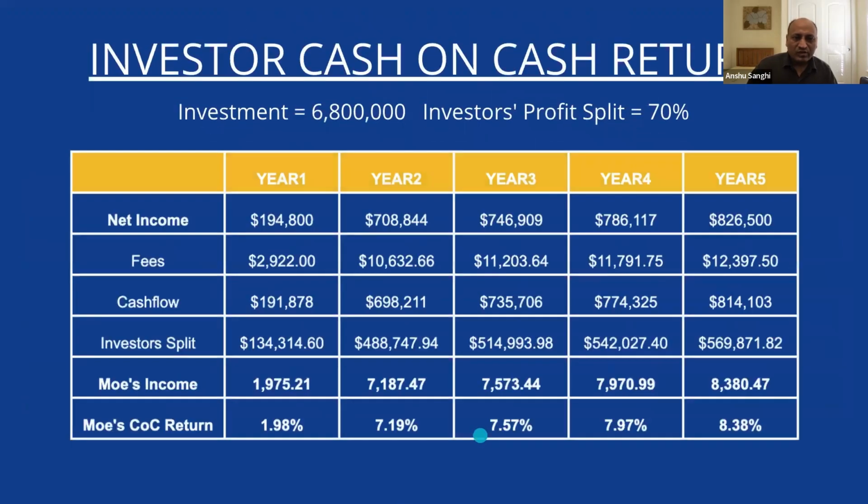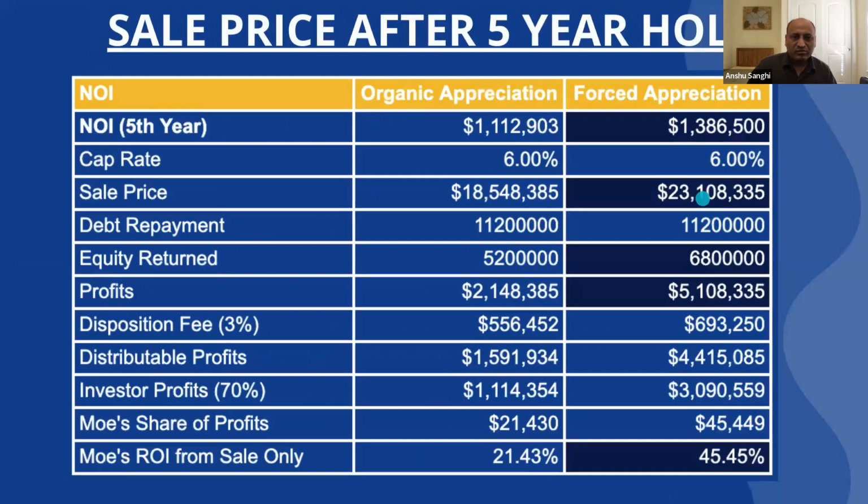So let's look at what it changes for Mo. Applying the same calculations, Mo's return in the first year is low, 1.98%, but then it goes up to 7.19%, and eventually in year 5 he gets an 8.38% cash-on-cash return. After 5 years, the property is sold. Net operating income at the end was $1.38 million as opposed to $1.1 million.